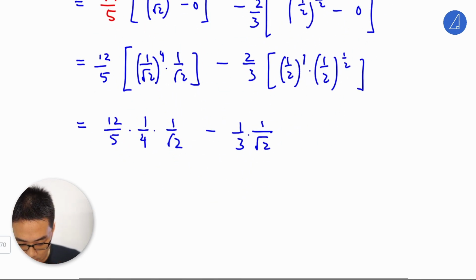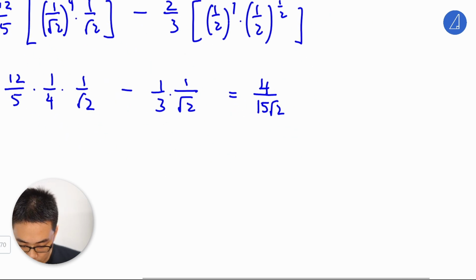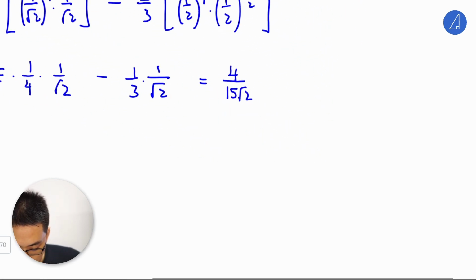They want the exact value, right? Okay, I'll leave it like that. So this is my exact value. Or you can just rationalize it.